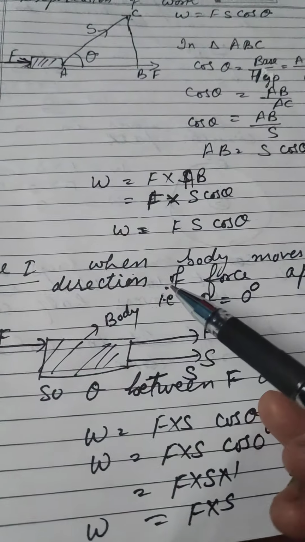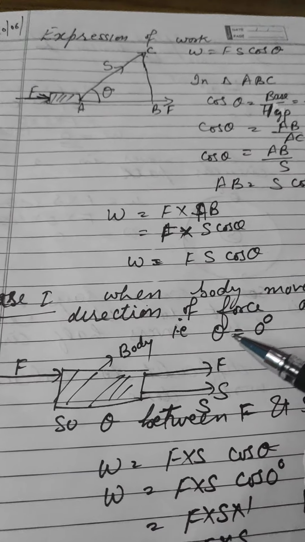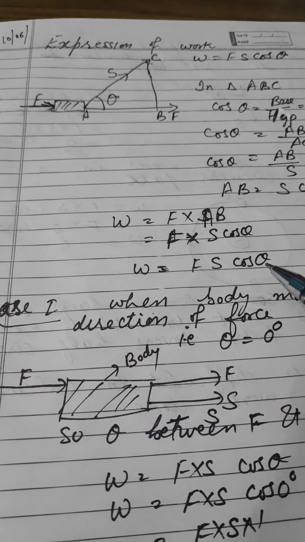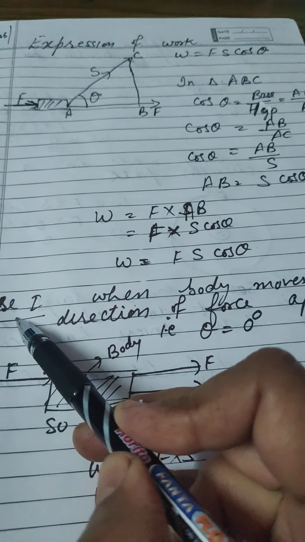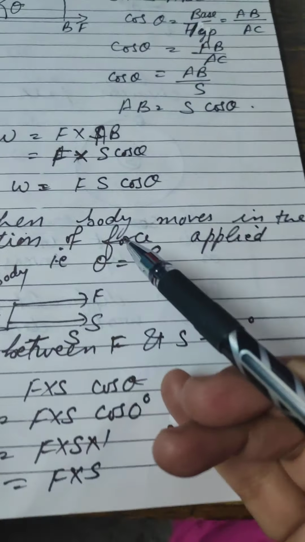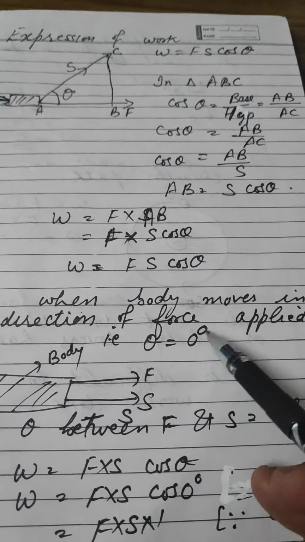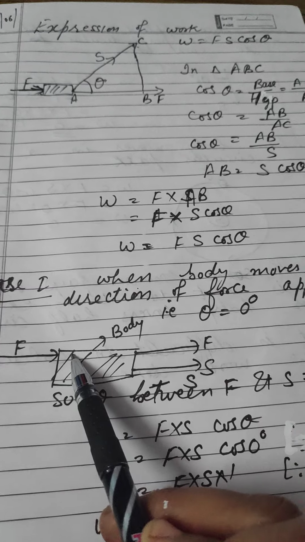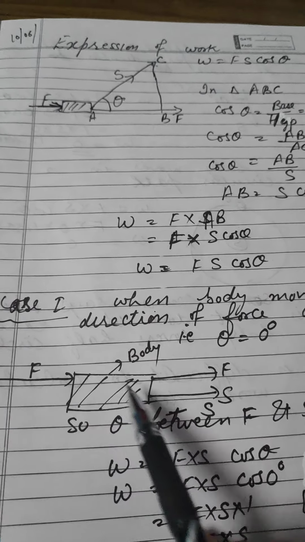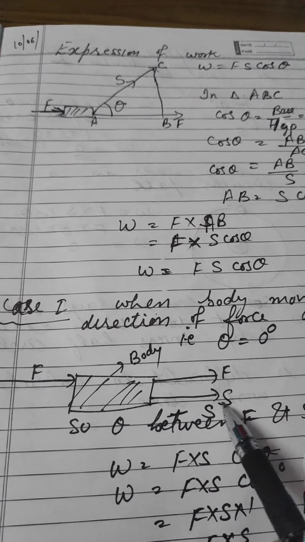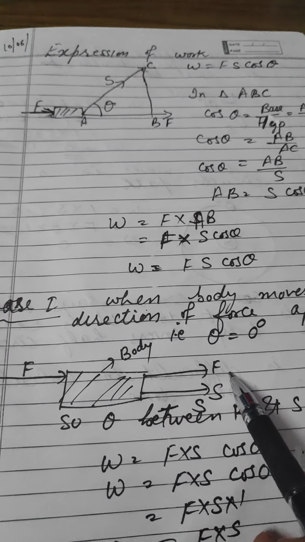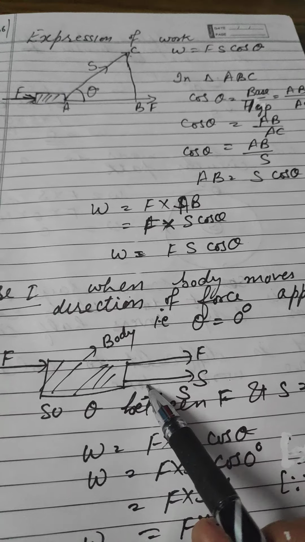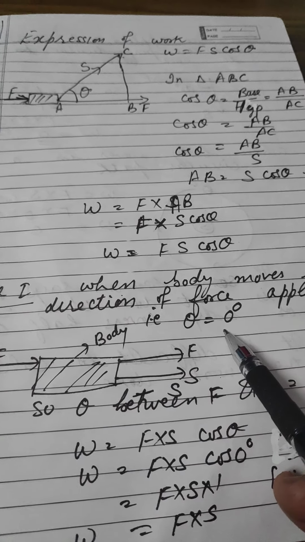So there are three cases for it. Case 1, when the body moves in the direction of force applied. If we are applying a force on the body and the body covers the displacement in the same direction in which force is applied, then the angle between force and the displacement is 0 degree.